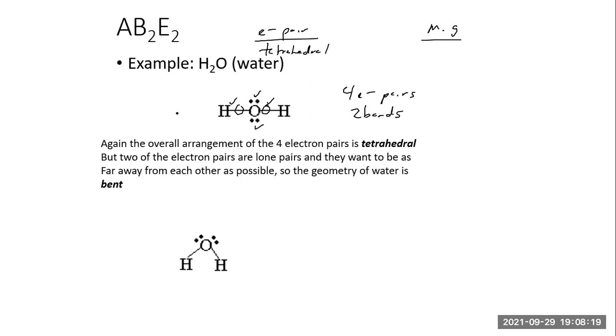This guy has everything in terms of worst case scenario. It has bonding electrons near bonding electrons, non-bonding electrons near bonding electrons, and non-bonding electrons near non-bonding electrons. These 2 guys try to go as far away as they can from each other. The result of that is as they move out, the hydrogens basically move down, and it ends up in a shape which is referred to as bent or V-shaped.